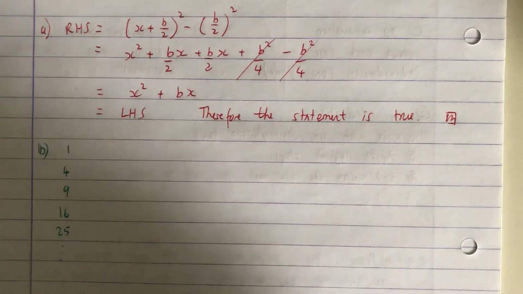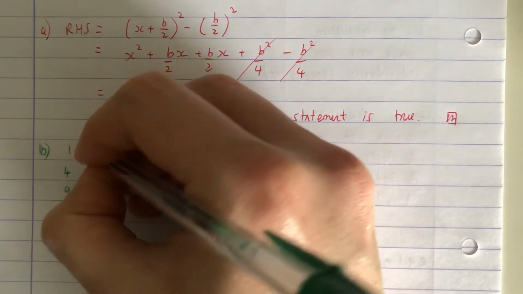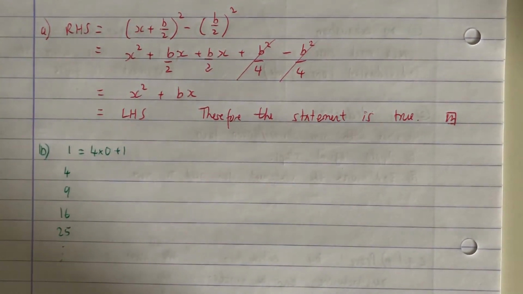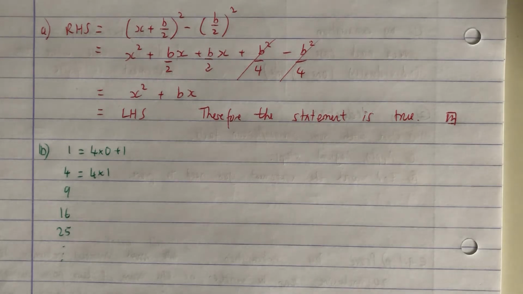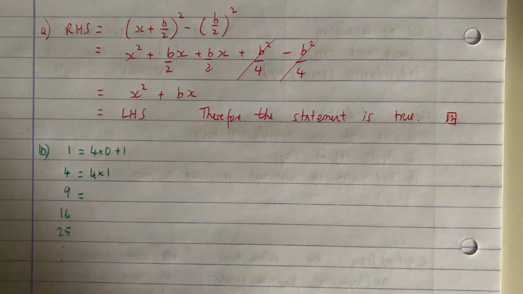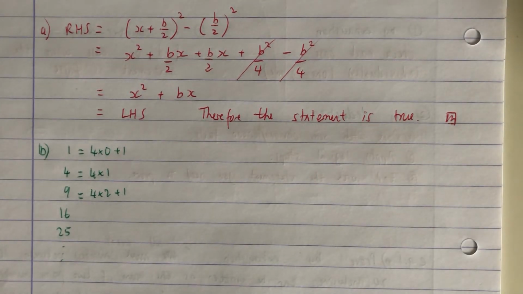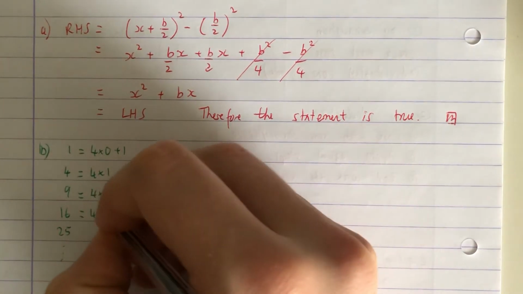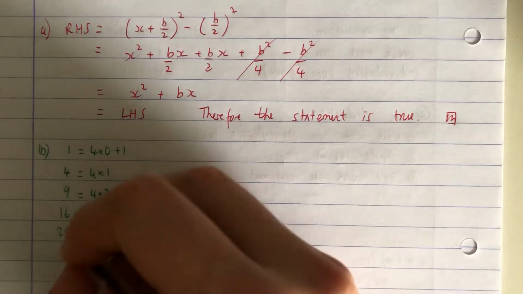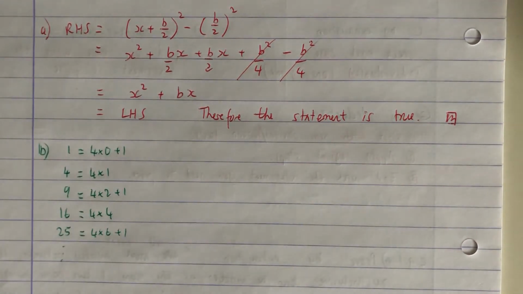Let's see. Number 1. Well, that would be one more than 4 times 0. So that's one more than a multiple of 4. 4 is 4 times 1. That is exactly a multiple of 4. The number 9 is one more, 4 times 2 plus 1. The number 16 would be exactly a multiple of 4. And number 25 is 4 times 6 plus 1, one more than a multiple of 4.